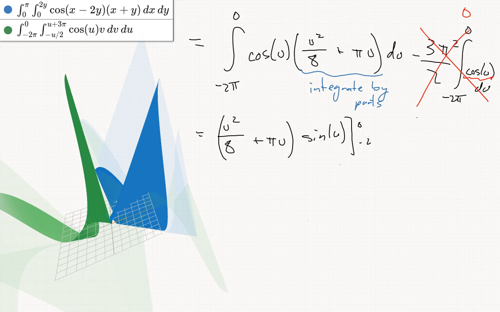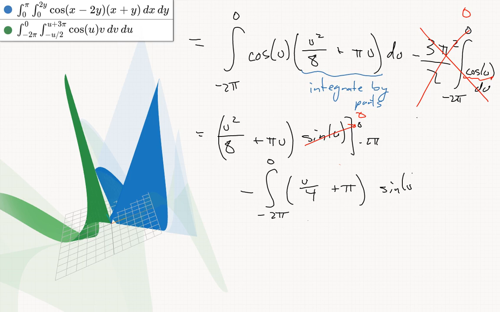So it'll be u squared over 8 plus pi u, and cos u integrates to sine of u, evaluated at 0 and negative 2 pi. And that will be 0 because sine of 0 and sine of 2 pi is 0. So then the remaining part of integration by parts is the integral from negative 2 pi to 0.